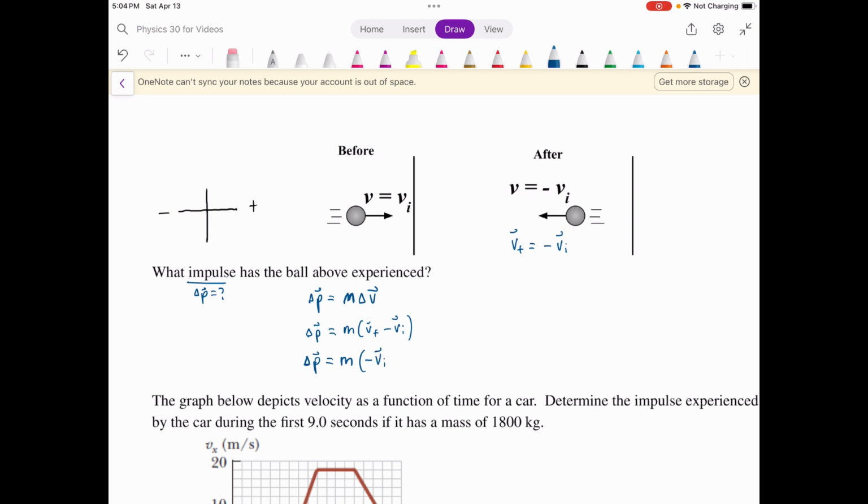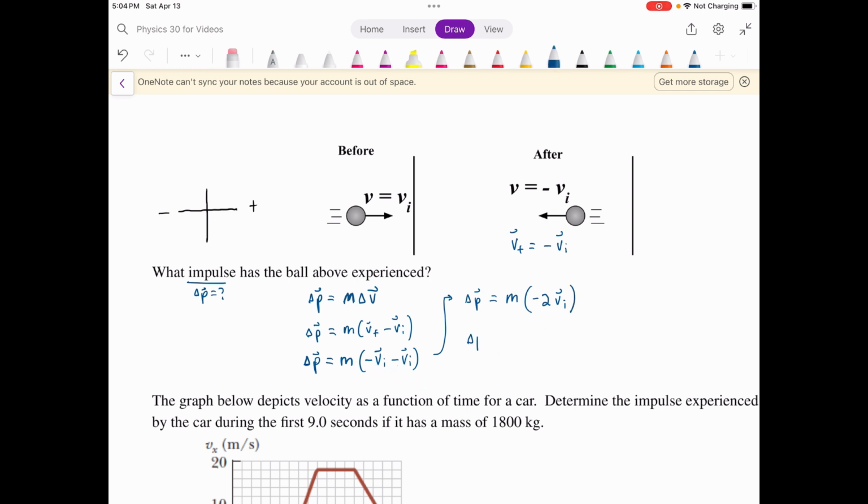So v final is negative v initial minus v initial, and look at this. That means our impulse, our change in momentum, is just mass times negative vi minus another vi, that's negative 2 vi, right? Just combining like terms there. Negative 1 vi minus 1 vi is negative 2 vi.